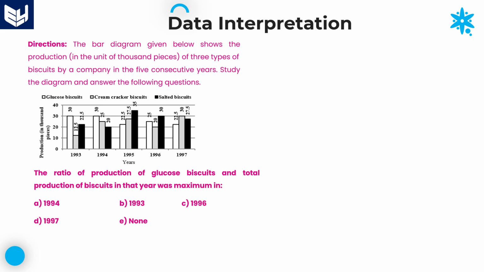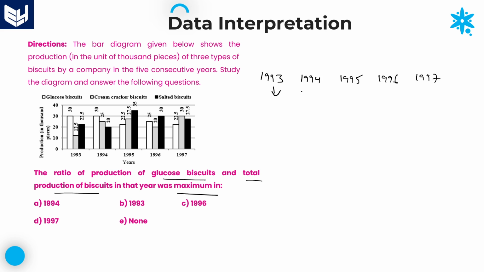Next, last question in this session. The ratio of production of glucose biscuits and total production of biscuits in that year was maximum in the year. Here again we need to go with each and every year: 1993, 1994, 1995, 1996, and the last one 1997.